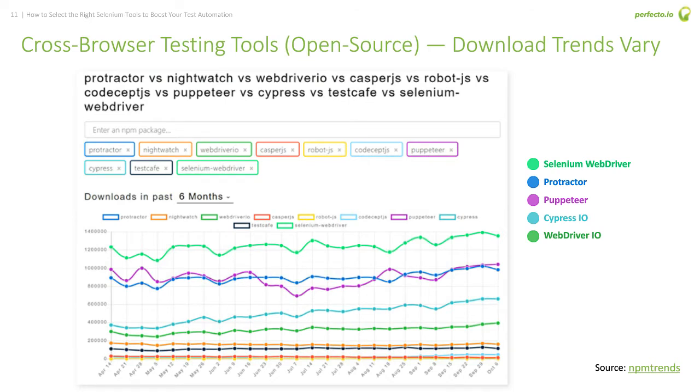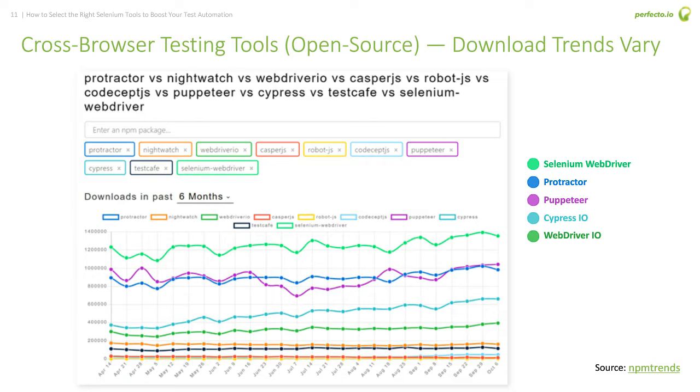And if the previous slide wasn't enough, this is how this month's trending looks like in the cross-browser open source domain. What you can see today, and I only picked the main leading open source frameworks, and if you're not familiar with this website called NPM Trends, I strongly recommend that you bookmark it, and you can actually play with the frameworks that you want to compare between.